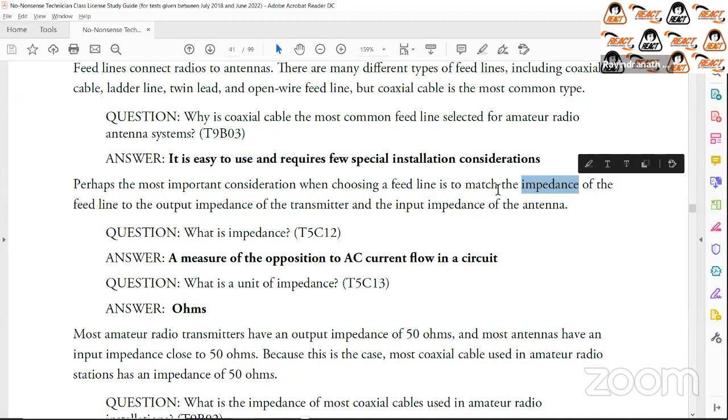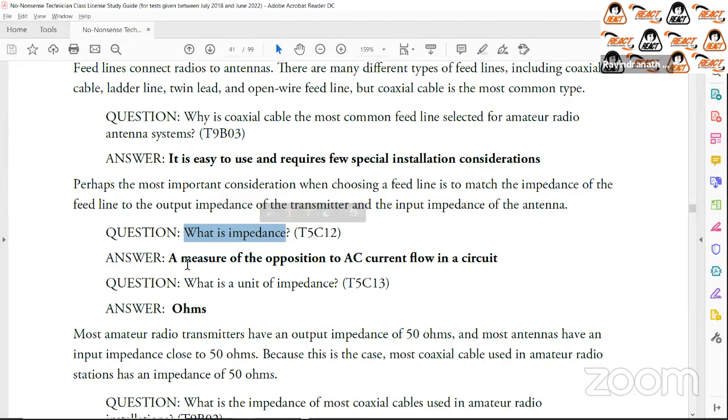Let's just say that for the time being. But impedance really comprises resistance plus something else called reactance. And for reactance, there are two types: capacitive and inductive reactance. So for our purpose, we need to know that impedance is the opposition to the flow of current in an AC circuit.